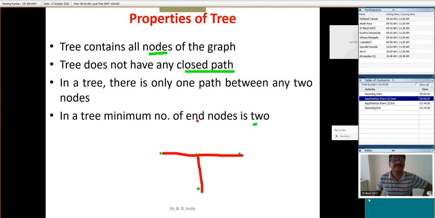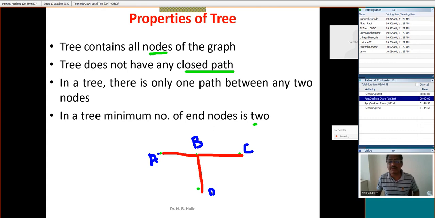This is one tree. Here, the tree contains all the nodes: this A node, B node, C node, and D node. The tree does not have any loop; there is no closed path. There is only one path between any two nodes. Suppose we want to travel from this A node to this D node, where this is the B node and this is the C node.